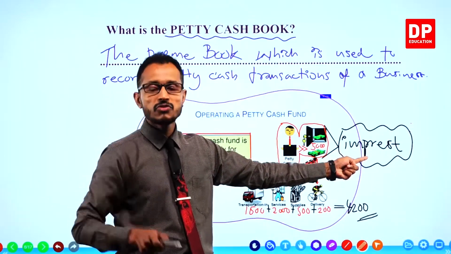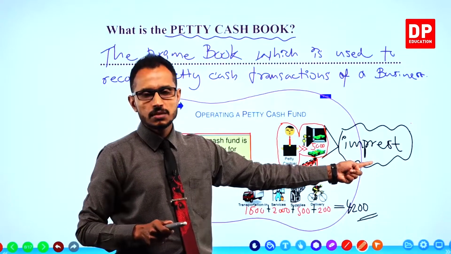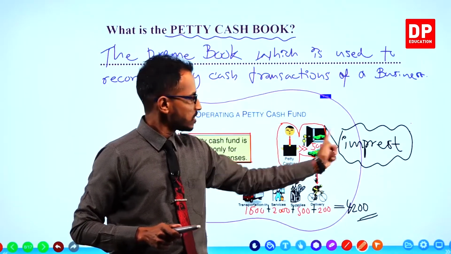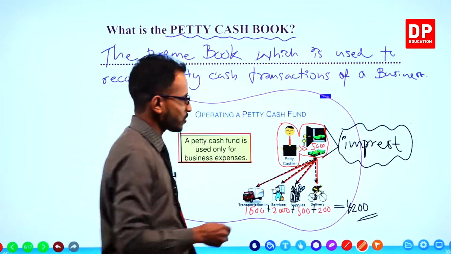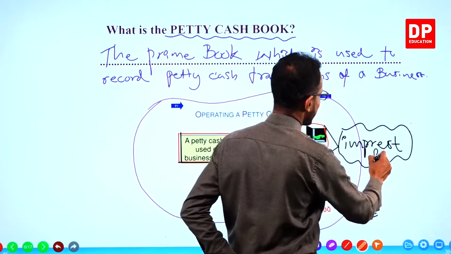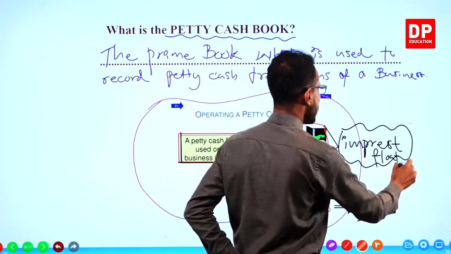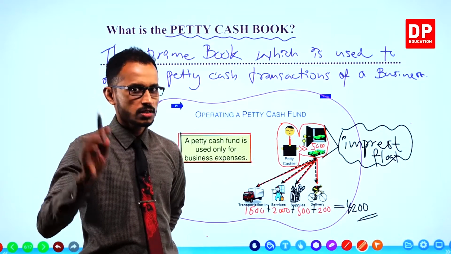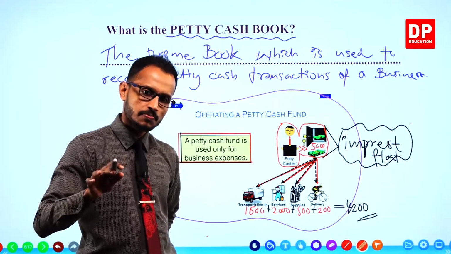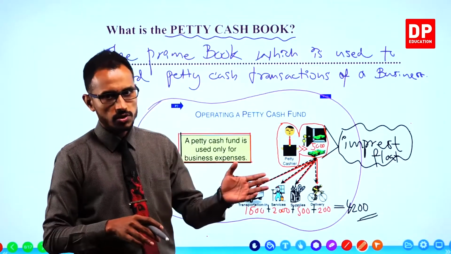That is the total amount of money or the fund which he keeps. Sometimes it is known as the float, petty cash float. Imprest or float. Don't use both names, use one name.